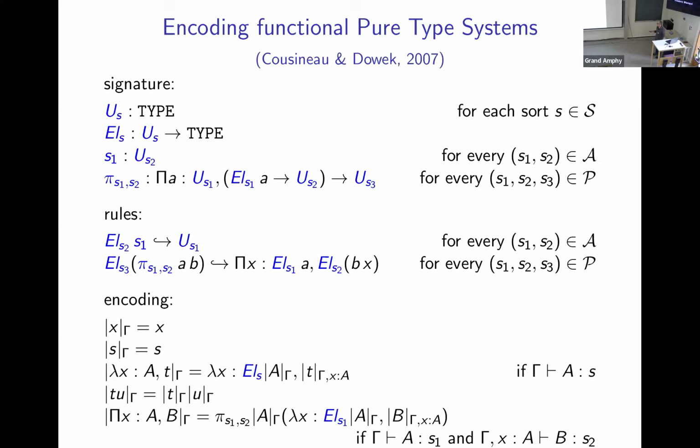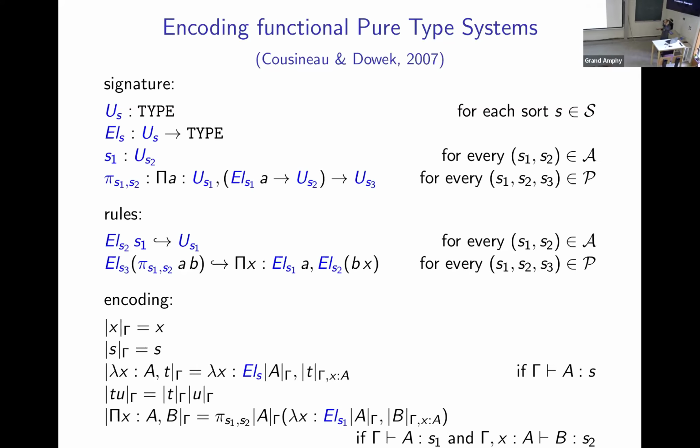If you have a set in the universe S1 and a set B in universe S2, that may be dependent, then you get something in the universe S3. And then you have rules defining those functions.